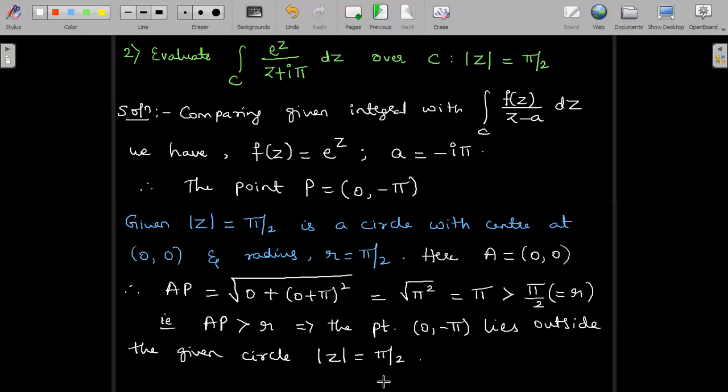Since the point lies outside the given circle, we have to conclude that by Cauchy's theorem, the given integral value is equal to 0. So what is the given integral?